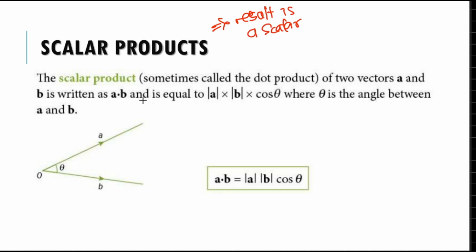So scalar product does not mean direct multiplication of vectors. We cannot multiply vectors directly, just like we multiply numbers. We cannot say 2i times 2i equals 4i. No, we can't even say i times i. There's nothing like i times i equals i squared, okay?